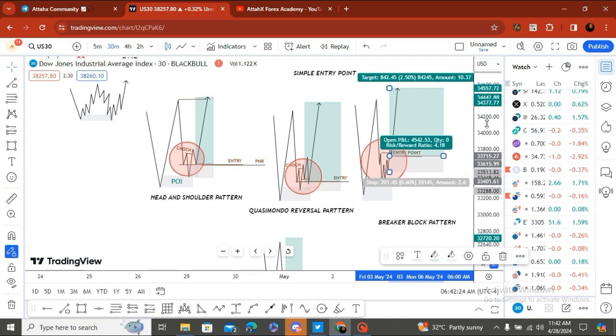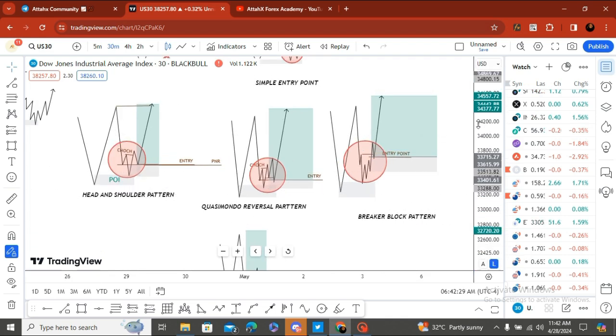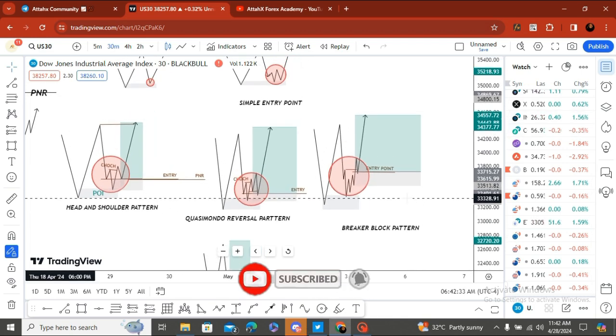And you're safe. Right? So these are the three most important simple entry points that you have to master for you to cut off your losses and also maximize your profits in this market, right?